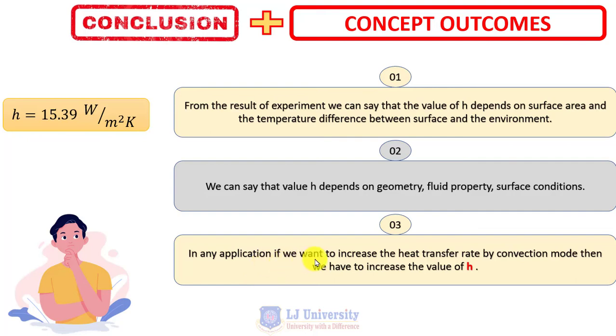In any application, if we want to increase the heat transfer rate by convection mode, then we have to increase the value of H. So in any system, if we want to increase the heat transfer rate by convection mode, there is one option we can take: increasing the value of H. To do that, we need to increase the surface area of the system, and we can increase the surface area of any system by providing extended surfaces, or fins.